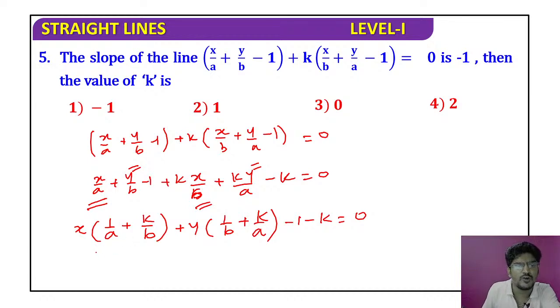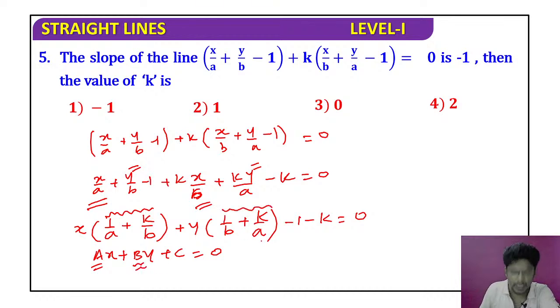Now this is in the form ax plus by plus c equal to 0. The a value is 1 by a plus k by b, the b value is 1 by b plus k by a.